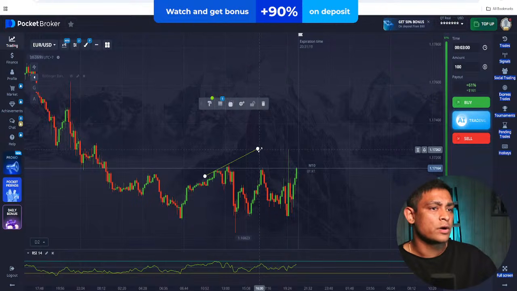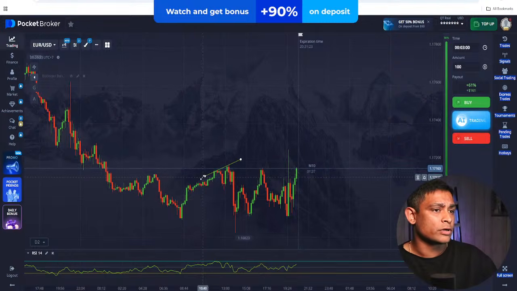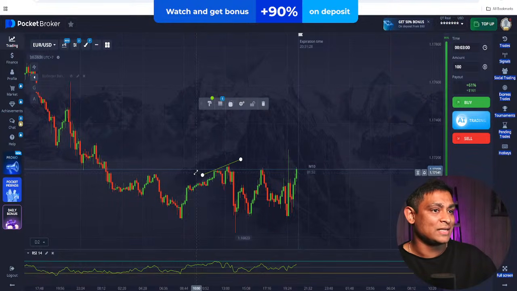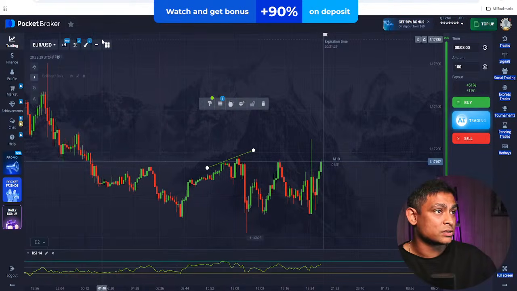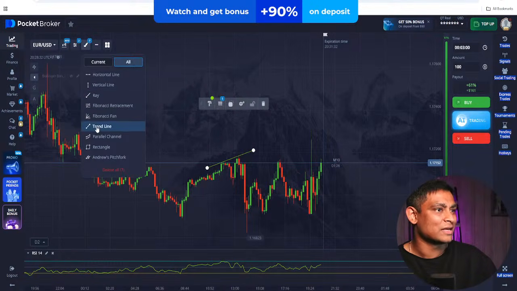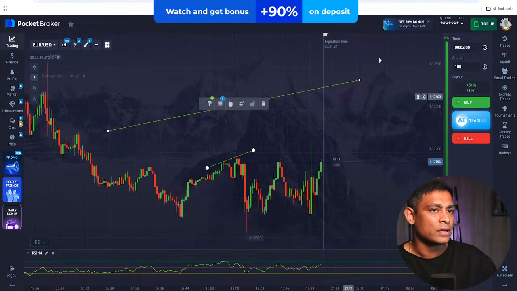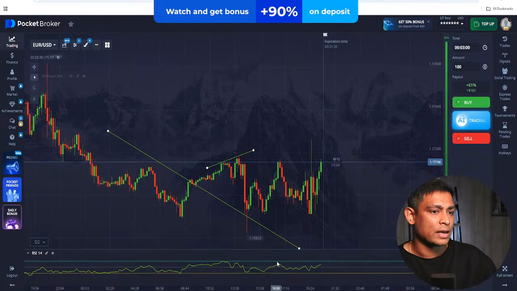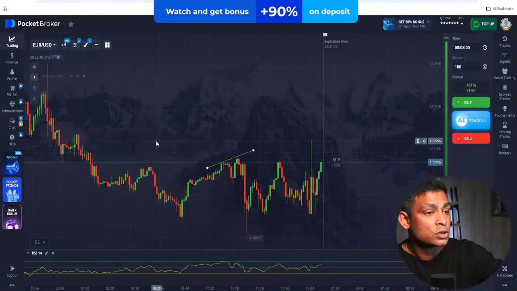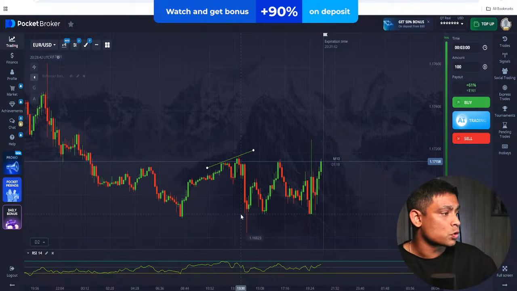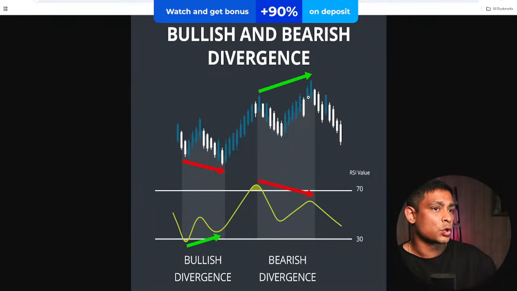Here we are on a 1 minute time frame. When we are on a 1 minute time frame, please do not bother yourself with the size of the divergence. Just try to understand what exactly is happening over here. Now I'm not sure if I can drag it down to this level or not. No, I cannot.